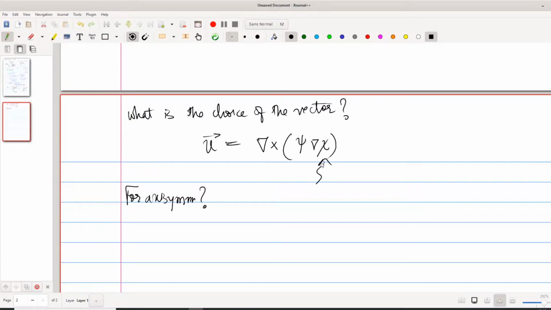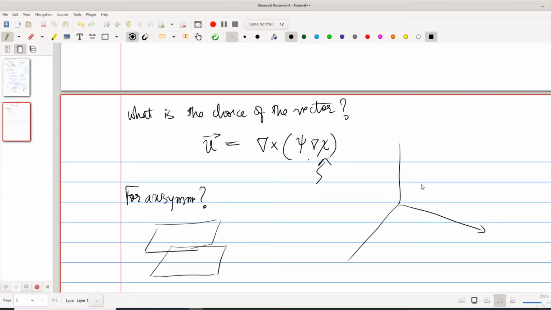We know that in the case of 2D, if the flow is independent of z, the flow is constrained onto a surface which is iso z. Similarly for this, the flow has to be held onto a surface which is iso phi.